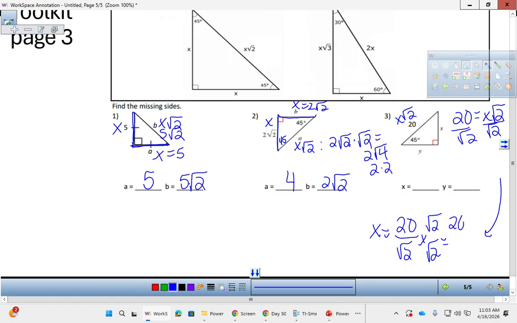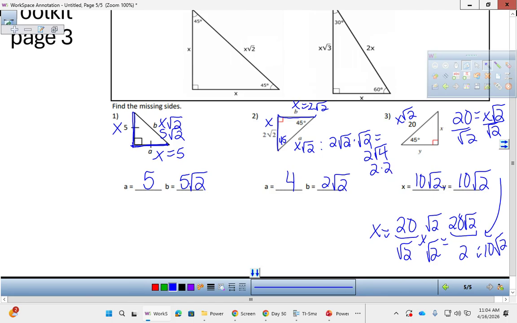So I have 20 root 2 over root 2 times root 2, which is root 4, which is 2. 10 root 2. So if the hypotenuse is 20, the hypotenuse is in the x root 2 spot, that must mean x had to be 10 root 2. So the side lengths both have to be 10 root 2.